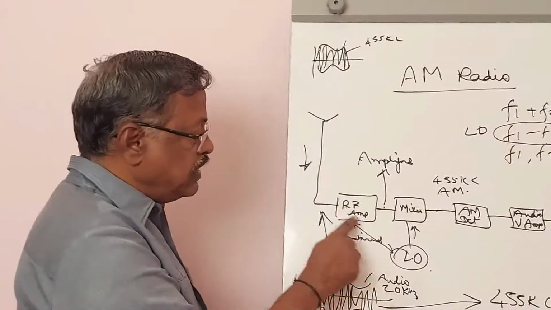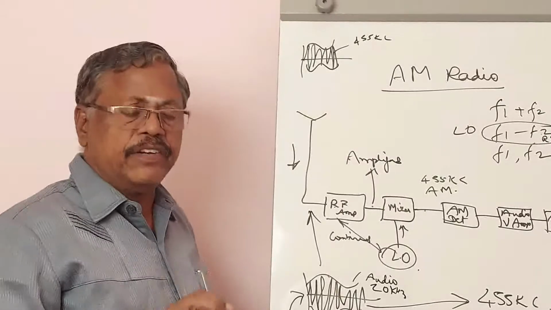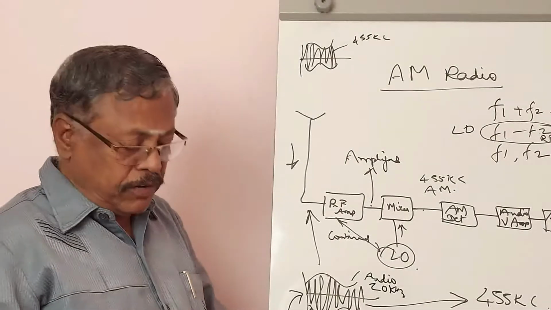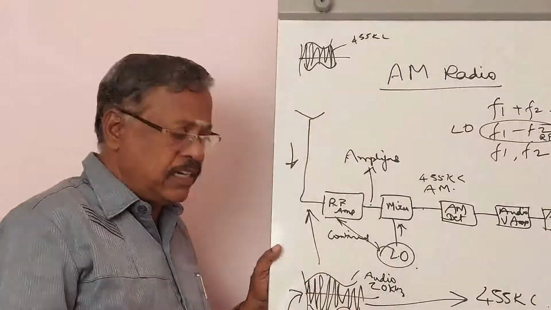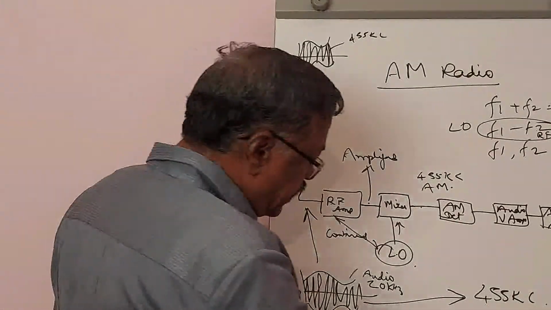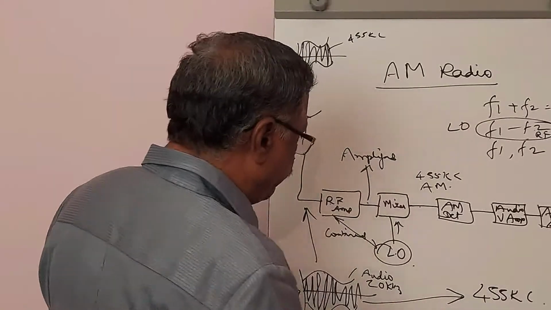Therefore, the two things are combined together. When a customer tunes for a particular frequency, he is going to change the RF frequency as well as the local oscillator frequency. As I have written here, local oscillator frequency will be equal to incoming frequency plus 455.